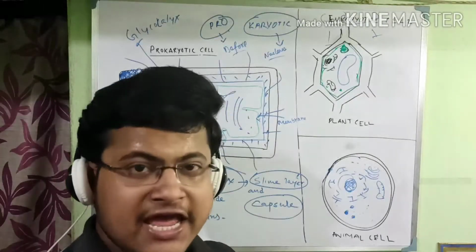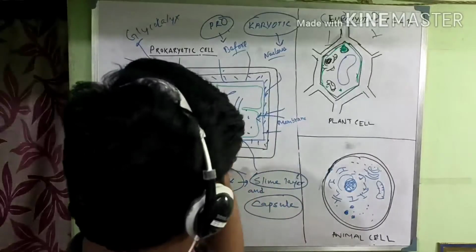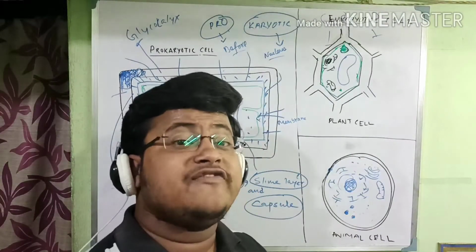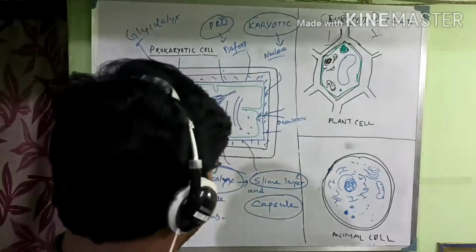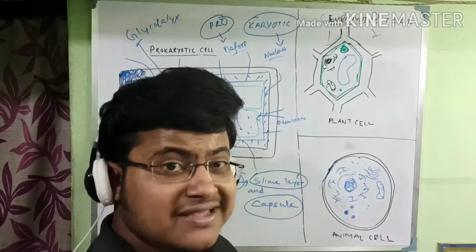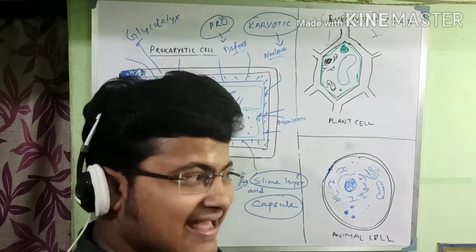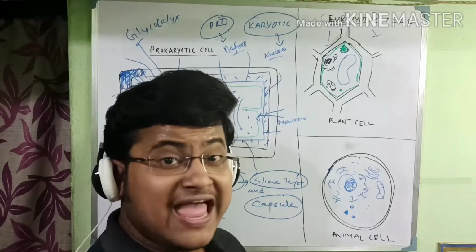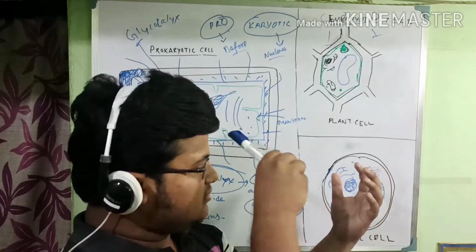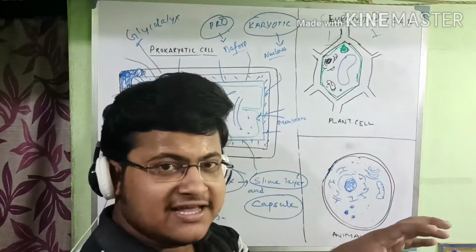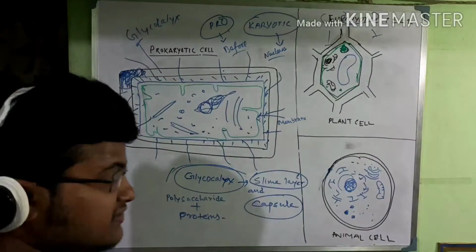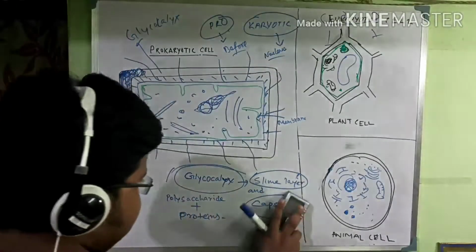The glycocalyx layer helps the prokaryotic cell against ingestion by phagocytes, and helps the bacteria survive in a desiccative or hazardous environment in which phagocytes would grab the bacterial cell and destroy it. So this is the function of the glycocalyx.